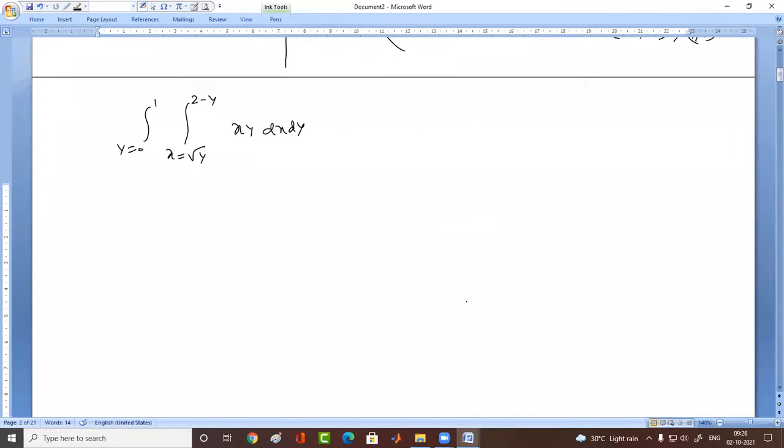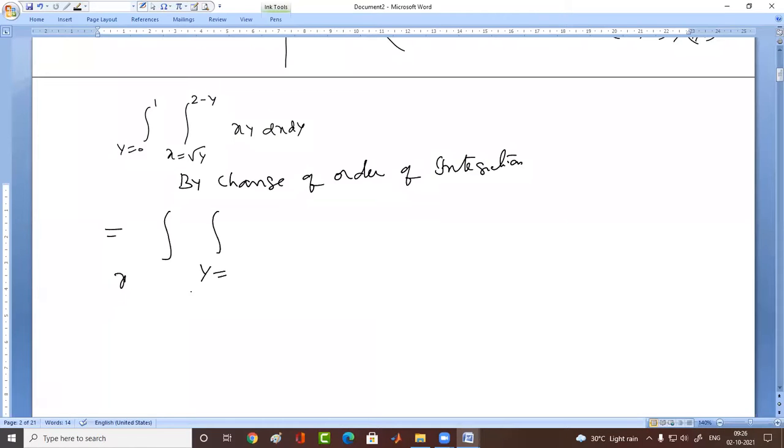By change of order of integration, what is the methodology? This integral is the same, but first what about the y limits, then what about the x limits, with the integrand the same, xy dx dy.